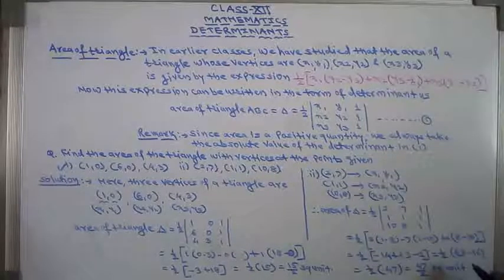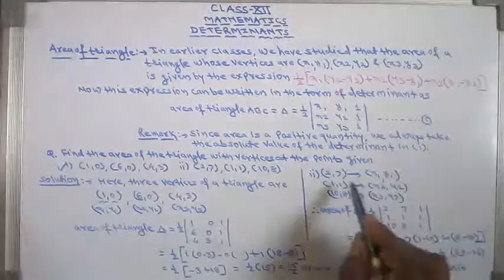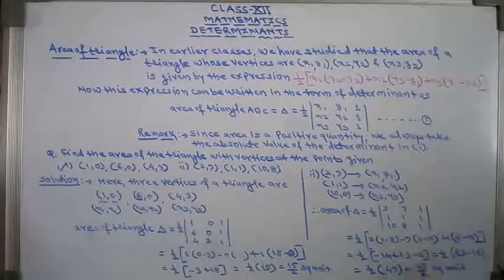So the area of this triangle whose vertices are (2, 7), (1, 1) and (10, 8) is 47 by 2, that is 23.5 square unit.